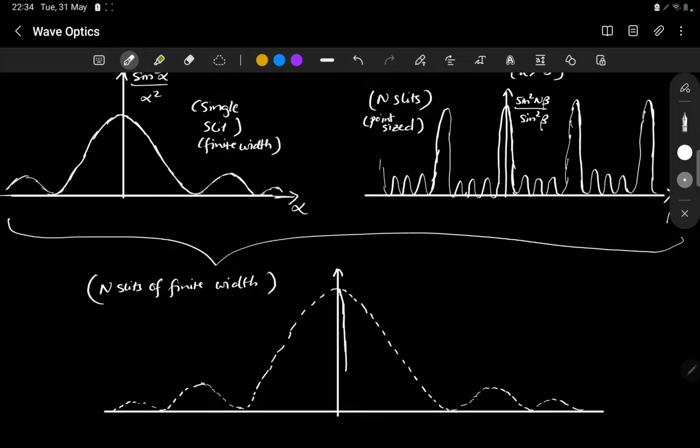Within this now we will have the n slit pattern.